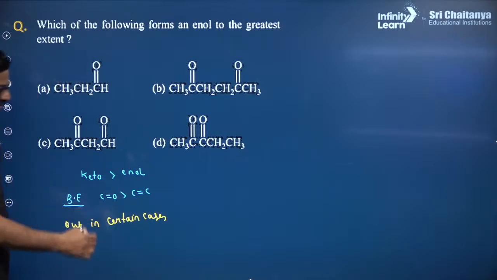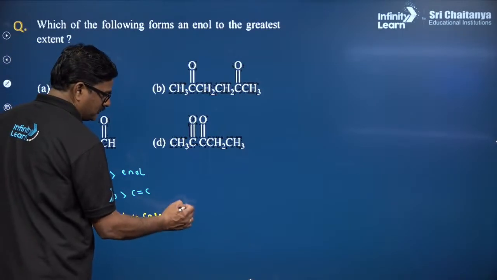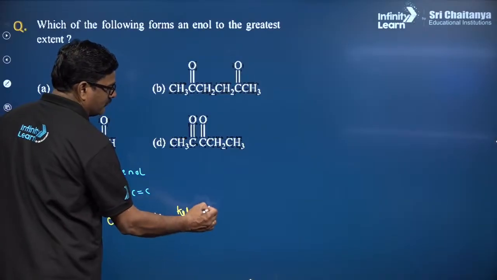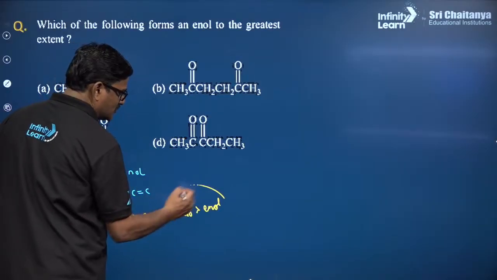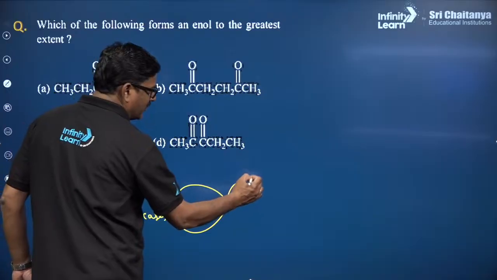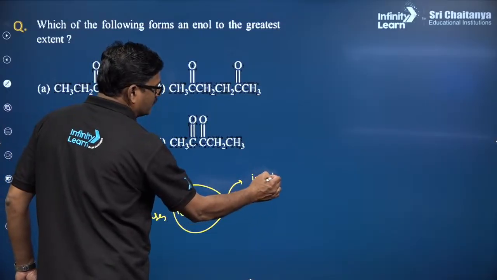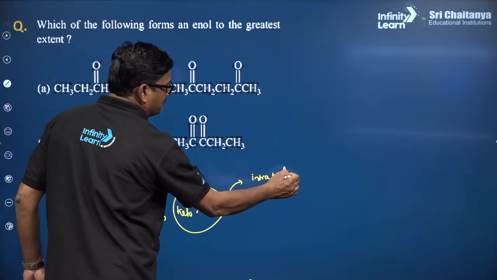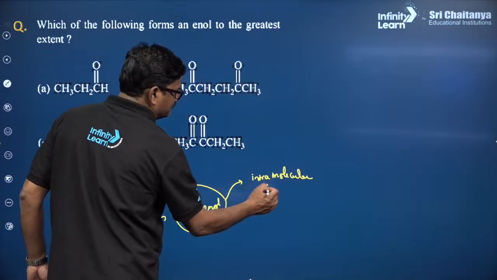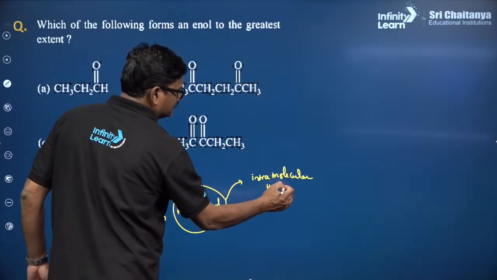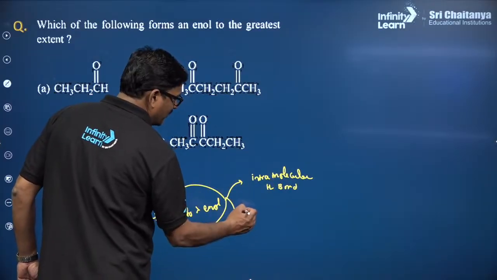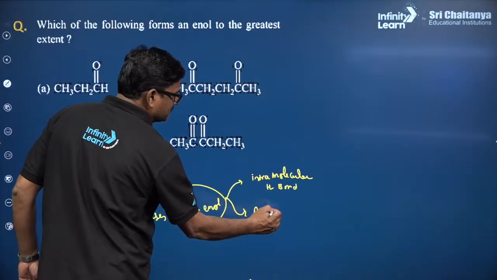the enol form can be more stable than the keto form. So what is the condition? Whenever intramolecular hydrogen bonding and whenever aromaticity comes into the picture.